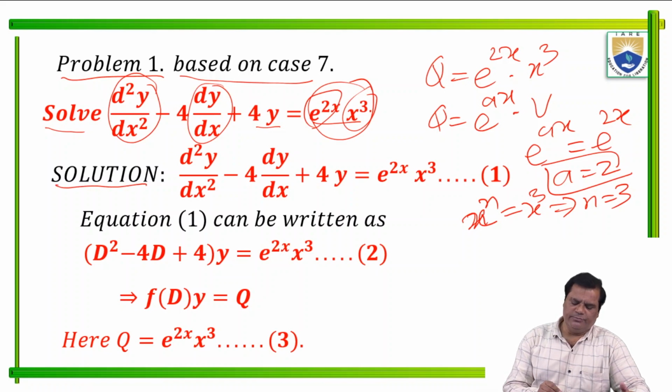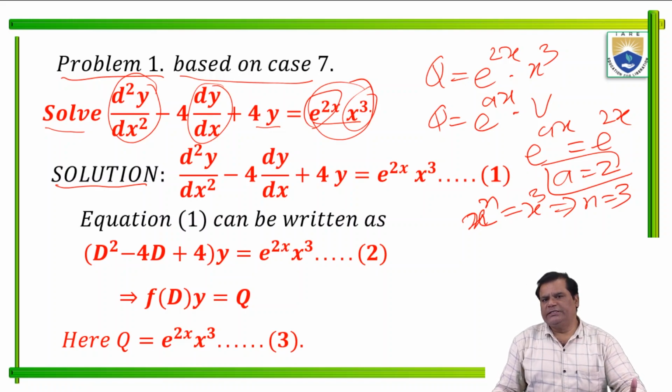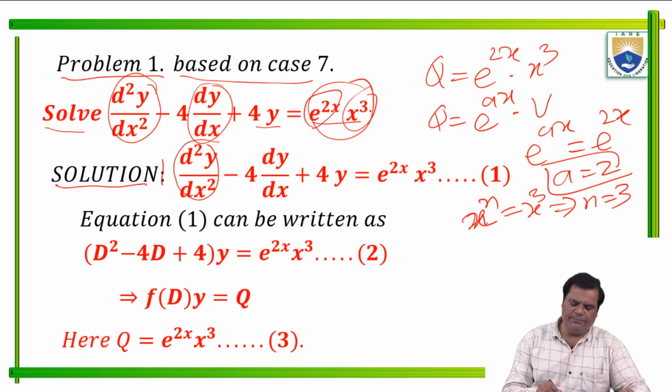So we start to solve this question step by step. This is a very interesting and very easy question. So again, this is the equation: d2y by dx2, here multiplied by 1. The next term is minus 4, and 4 is a number, so multiplied by dy by dx, plus 4 into y. 4 is a number here.